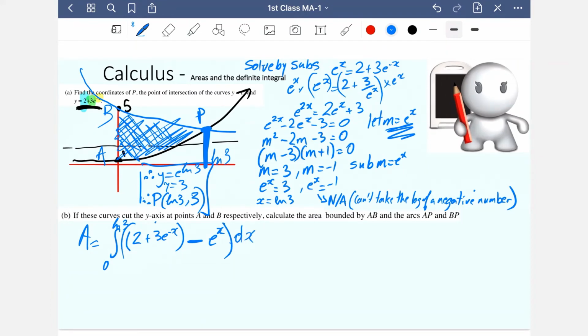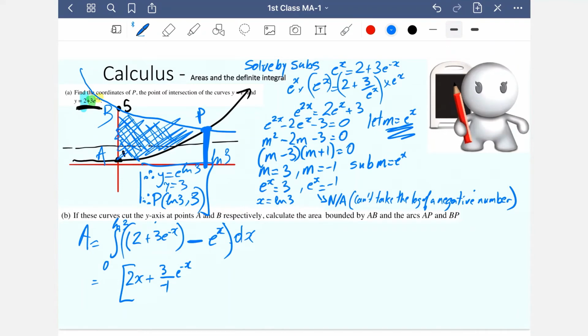All right, so let's do that. What's the integral of 2 with respect to x? Plus the integral of 3e to the power of negative x. Well, that's 3 dividing by negative 1, multiplying it by e to the power of negative x.